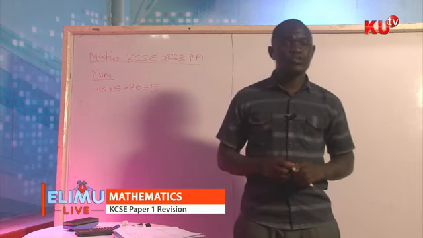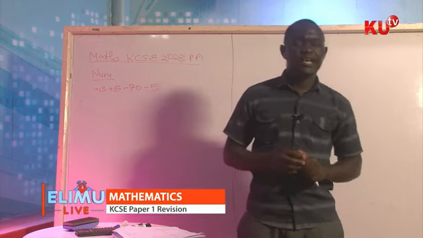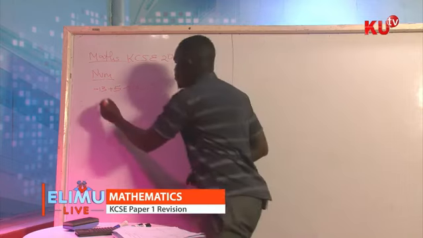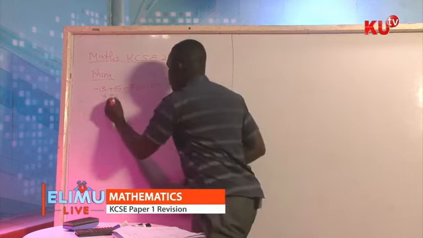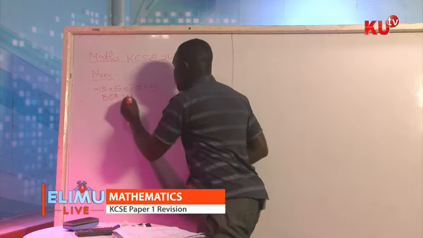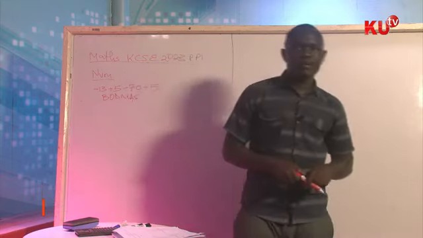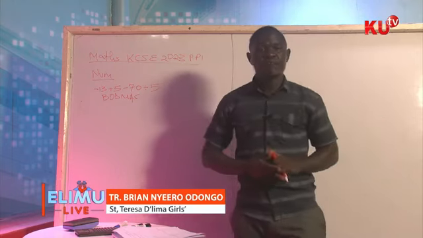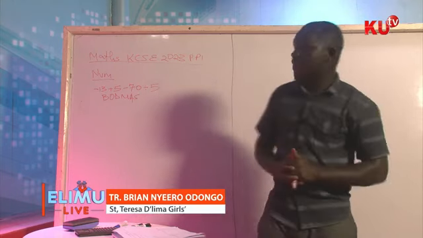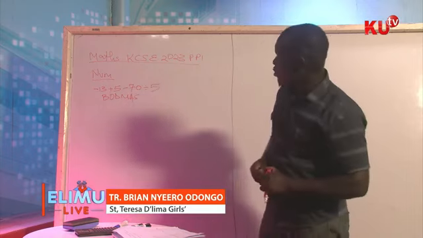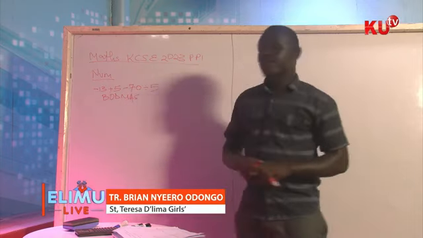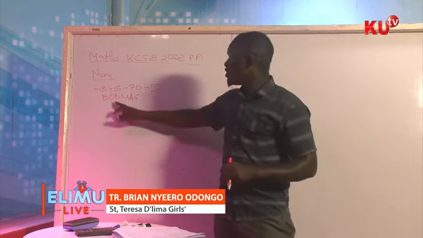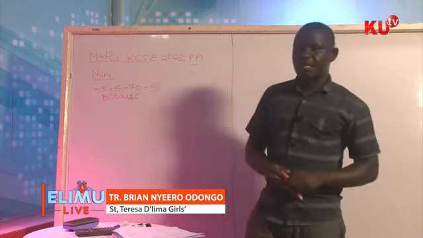So what should come into your mind is the application of BODMAS. BODMAS says brackets, of, division, multiplication, addition, and subtraction. So the first operation that we are going to perform here is the division operation.